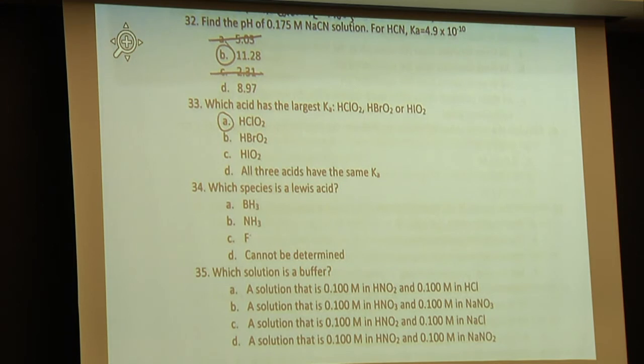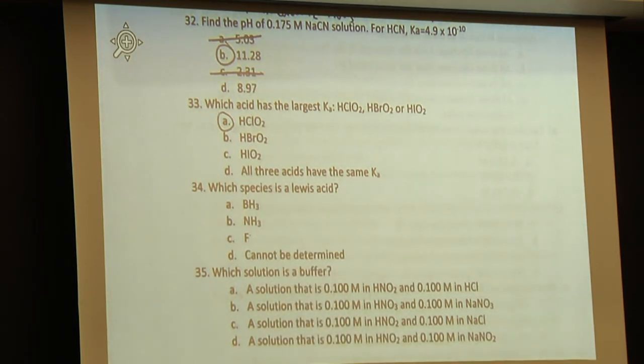They also have a section in your book that talks about oxyacids, and that's where you'll find this. They can either ask you a question like this, or they'll keep the same, say HCl, and just change the oxygens. Now, which one would have the largest Ka if they were just changing the oxygens? Yes, the one with the most oxygens.